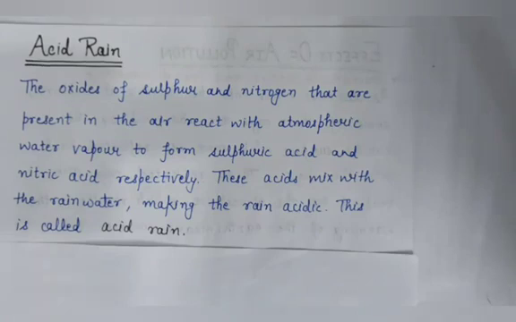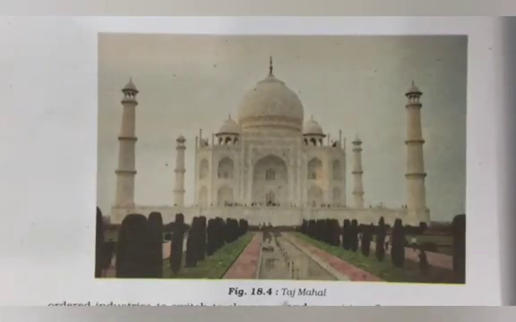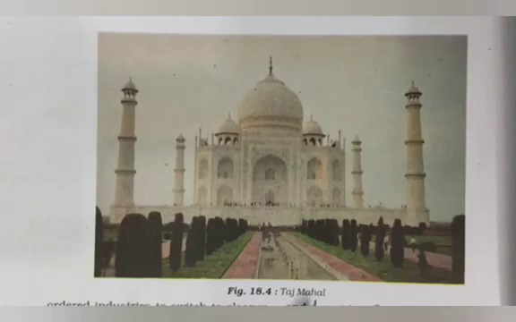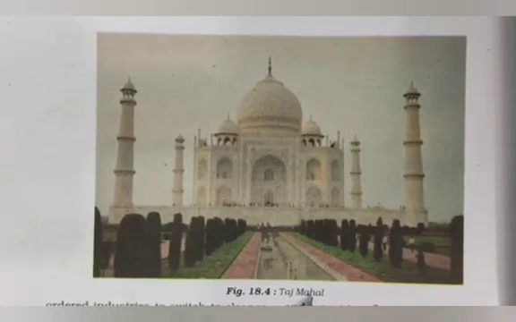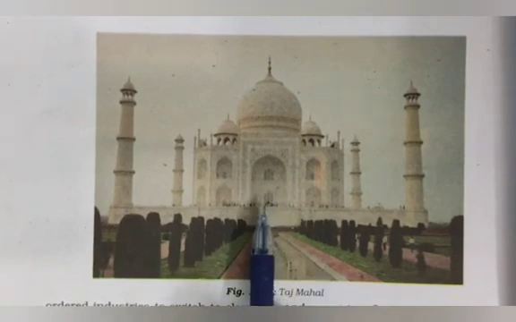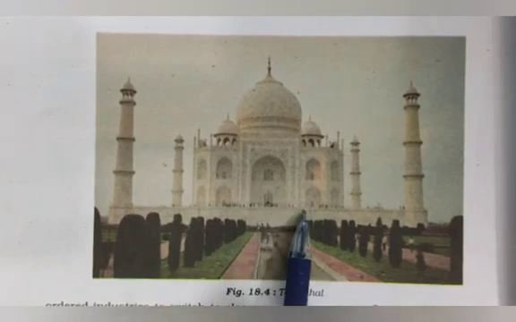Now, what are the harmful effects of acid rain? One of the most harmful effects of acid rain can be seen at the Taj Mahal, which is located in Agra. Experts have warned that pollutants in air are discoloring its white marble.